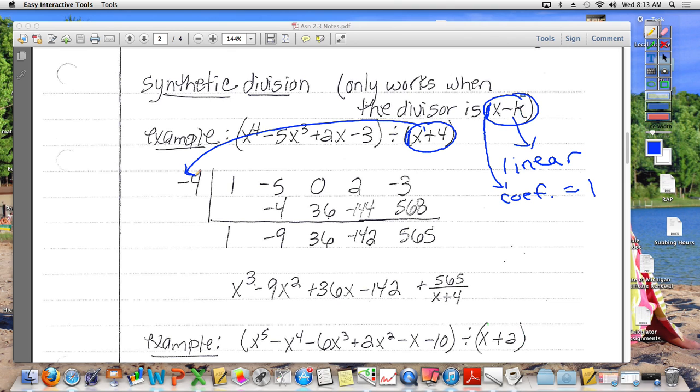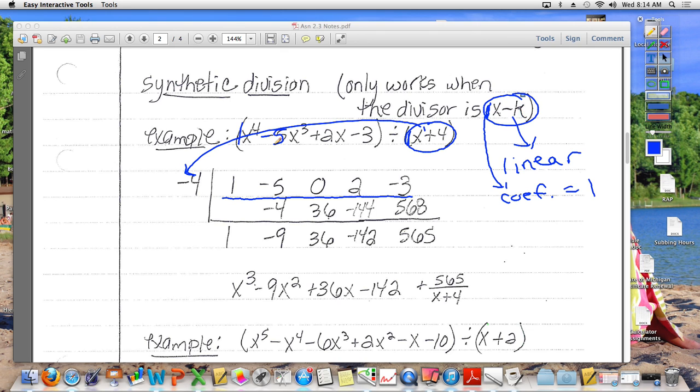And then these numbers right here, the 1, the negative 5, the 0, the 2, the negative 3, any idea where those things came from? Go ahead, Marcus. From the middle. Yeah, they're the coefficients of all the terms in that polynomial. So this 1 comes from the 1 in front of x to the fourth power. The negative 5 comes from the negative 5 that's in front of x cubed.